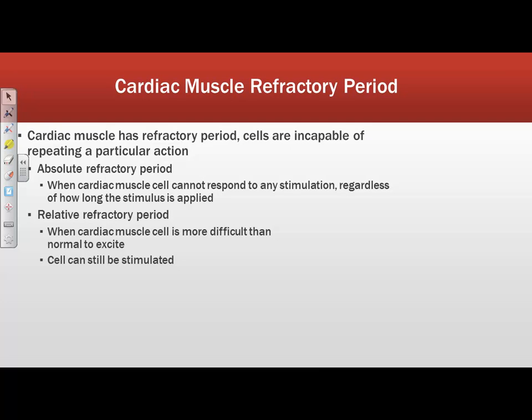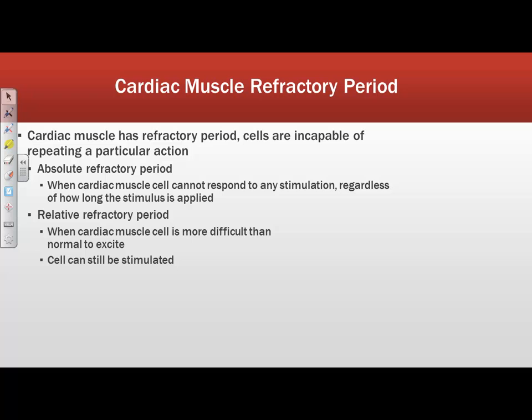Now, as far as that goes, I want you to have a basic understanding of that, kind of understand how it works. We're going to talk about it, and then we're going to move on. All right? This is important here. You've got what's called a refractory period. So, think about this.